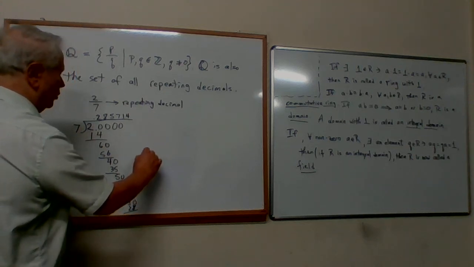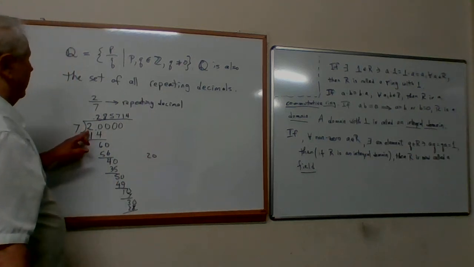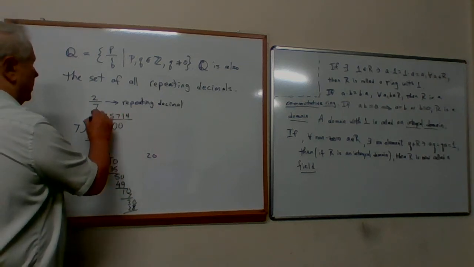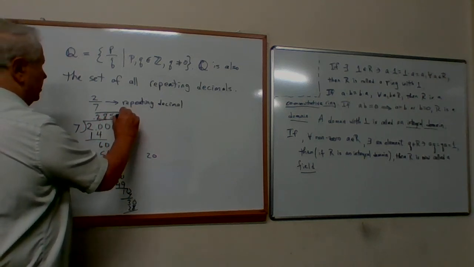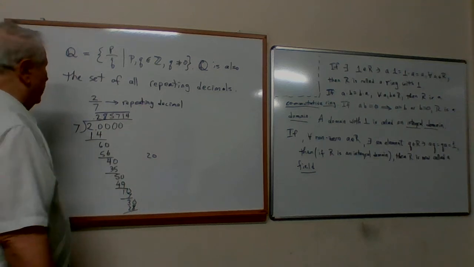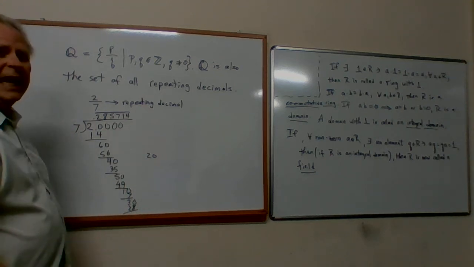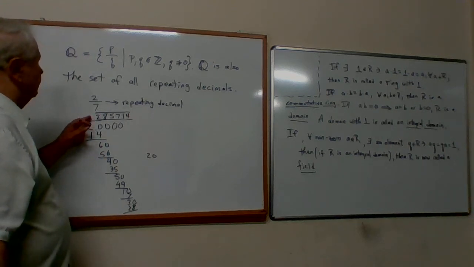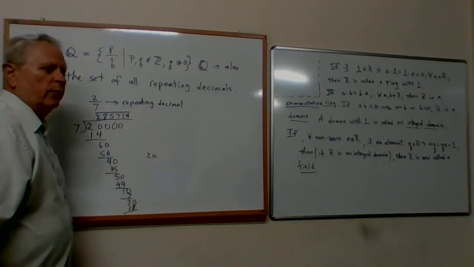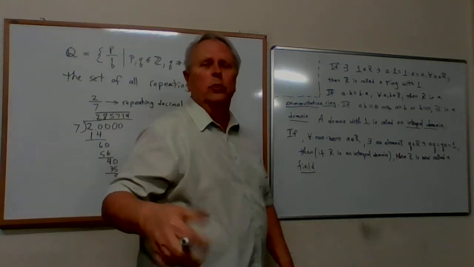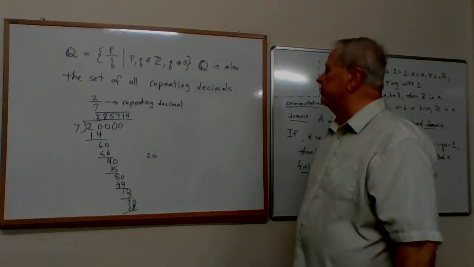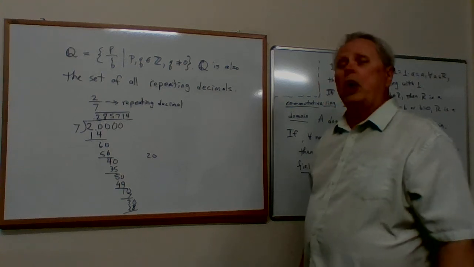The difference is 2. Bring down the next 0. And now we're back where we started again. So these 6 digits repeat. So 2/7 is exactly equal to 0.285714285714285714 on forevermore, amen.